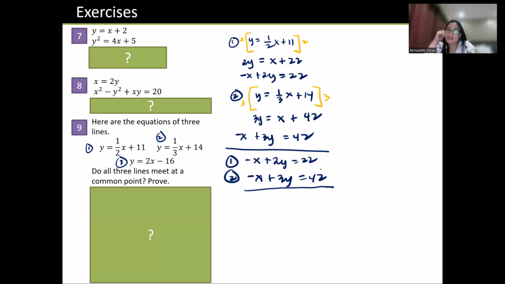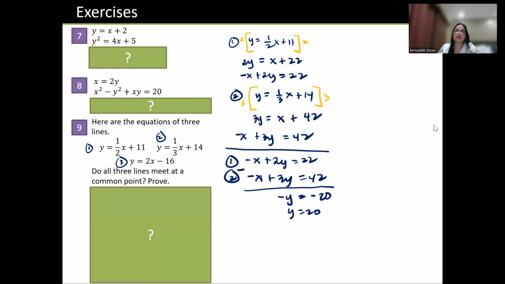Again, we need to eliminate one variable, so we are going to subtract, because negative x minus negative x is 0. And so 2y minus 3y is negative y, and 22 minus 42 is negative 20. Or that would be y is equal to 20.